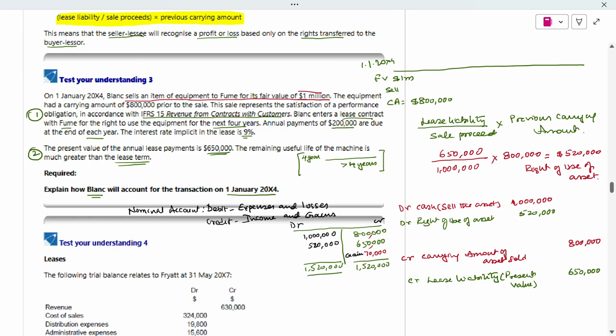Credit, is it right? Profit on sale. Is it okay?